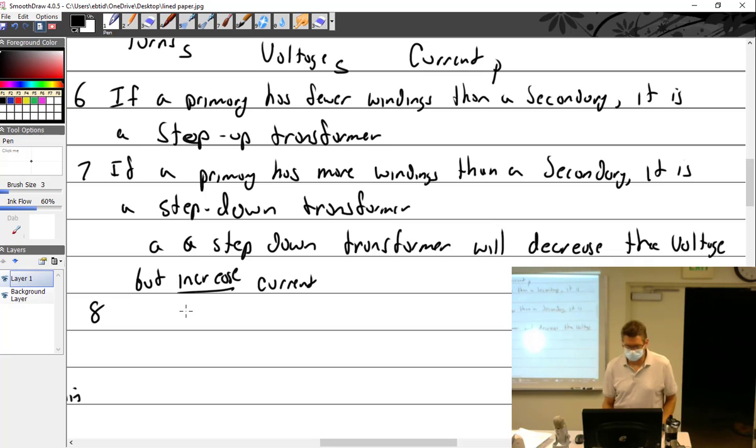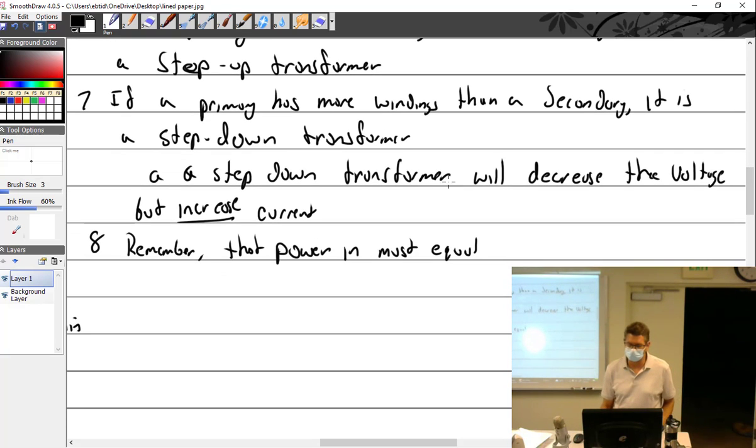So here we go. Remember, if you don't know this, then you're not remembering, you're just learning it. Power in must equal power out. Of course, that's assuming it's 100% efficient, which it's not, but we can work that.